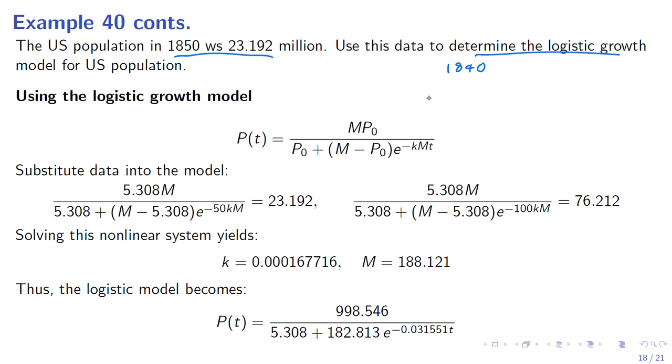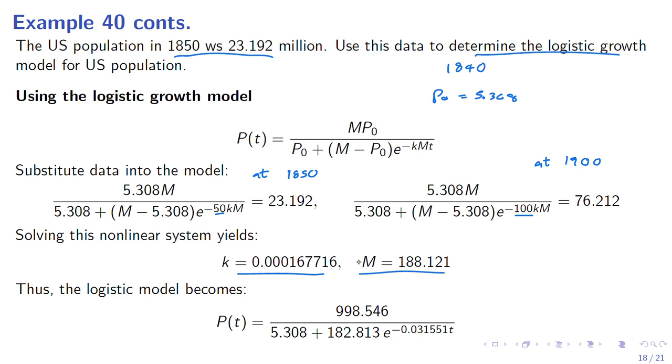We already found out that P naught is 5.308, and then this equation we can obtain using the data at 1850, where t is 50, and this equation we can obtain using the data at 1900, where t is 100, counting from 1800. Now, by solving these two, one can obtain the values for k and M.